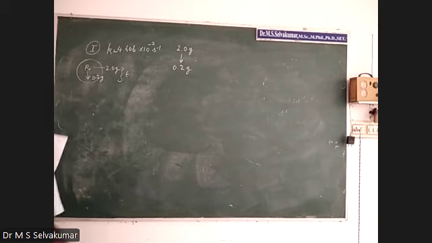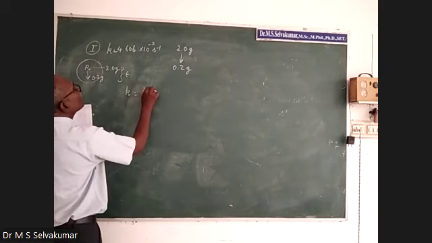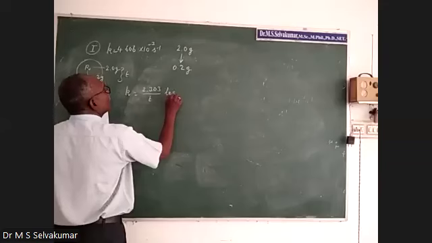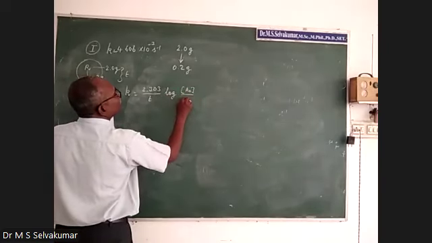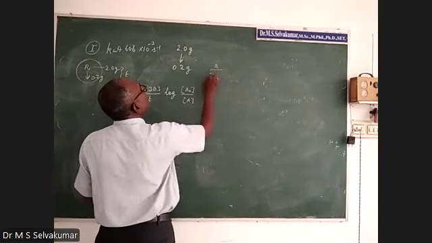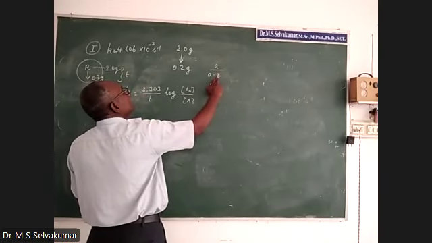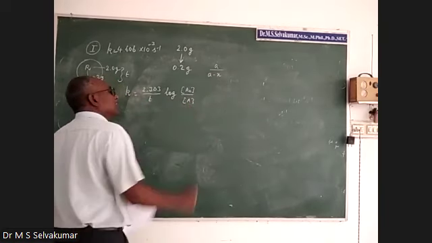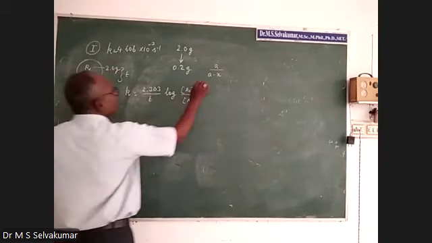First, you write the rate expression for the first order. K is equal to 2.303 by T log A0 by A. This A0 by A can also be written as A by A minus X, where X is the amount reacted at time T. So A minus X is the quantity of the reactant remaining after time T. You should not get confused here.